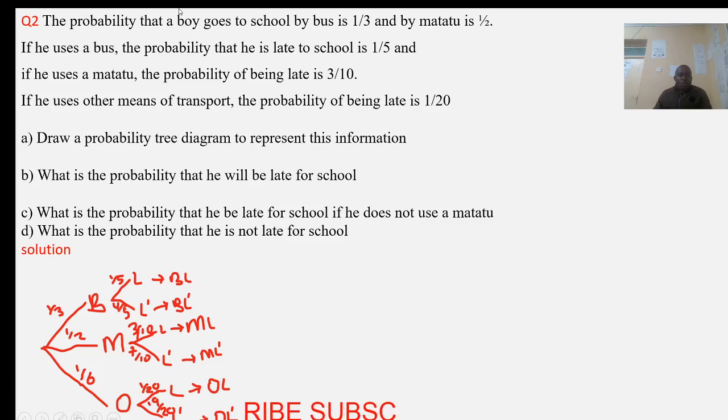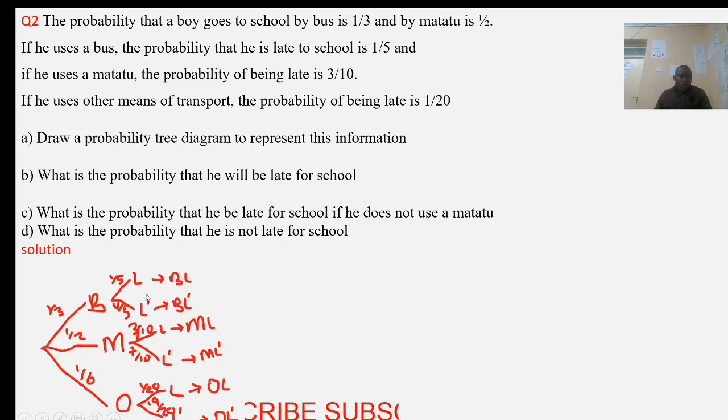Now the second condition: if he uses a matatu, the probability of being late is 3 over 10, so not late will be 7 over 10. If you use other means, the probability of being late is 1 over 20, so not late is 19 over 20.